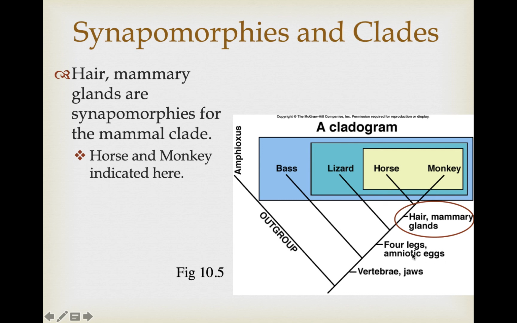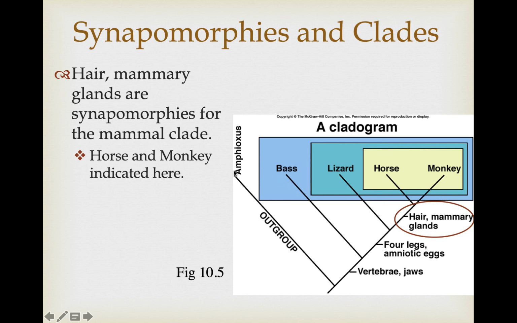Phylogenetic biology tells us that. Anyway, to continue: the presence of 4 legs in the descendants of this common ancestor, and the descendants also coming from an ancestor that had amniotic eggs, again, these are shared derived homologies or synapomorphies supporting the lizard, the horse, and the monkey as a clade that we call the tetrapods.